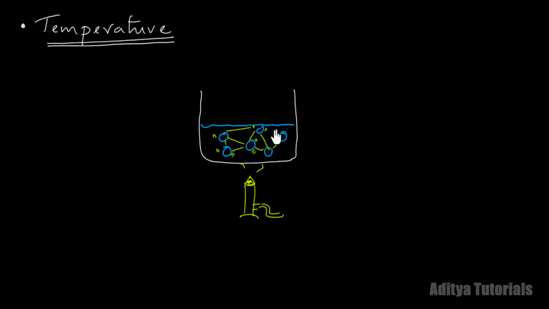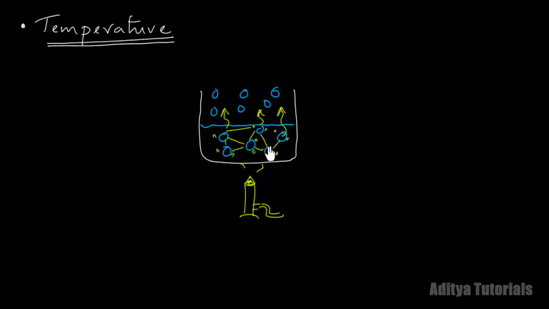As they gain kinetic energy, they start moving randomly in all possible directions. With the help of the kinetic energy, they break down the force of attraction and escape out, creating vapor above the liquid surface.